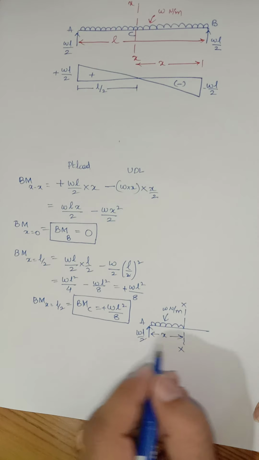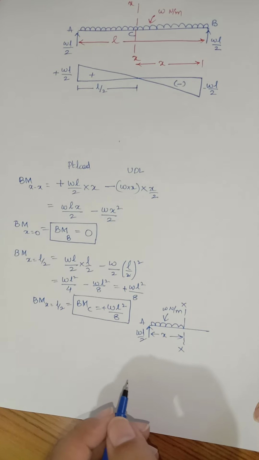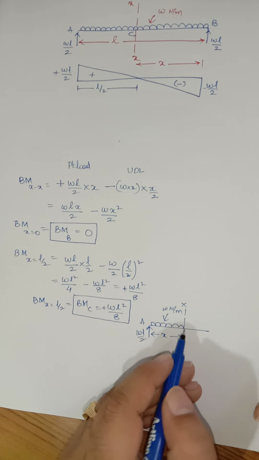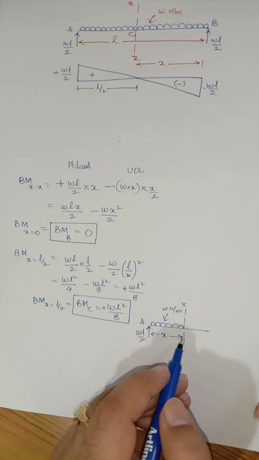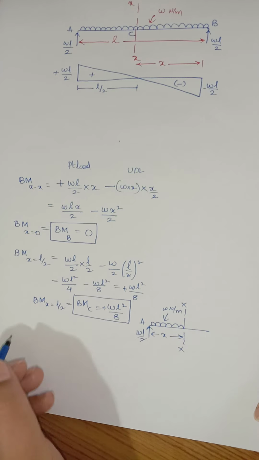Now I am considering the left side of the section. I'll generate a bending moment equation for your convenience, because in most cases I'll be taking the right side of the section.